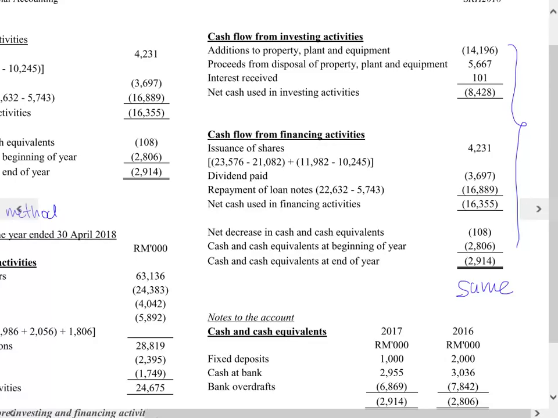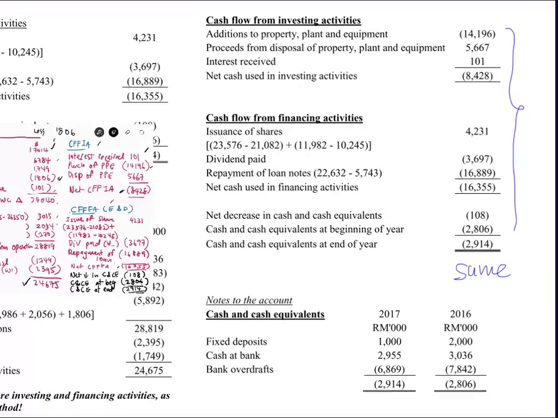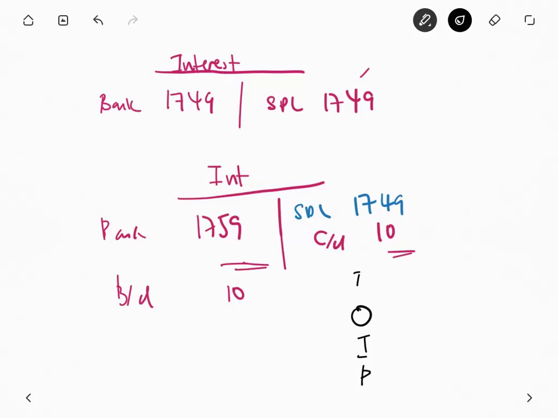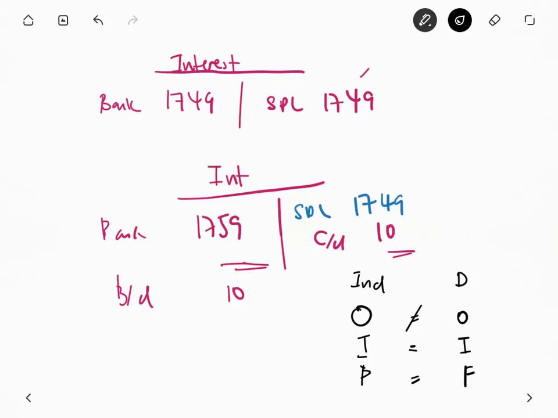Both methods can be used, but in the exam 99% of the time it will be the indirect method. The difference is only in the presentation. At the end of the day, it comes back to the same answer. It's a different method to get the same answer.